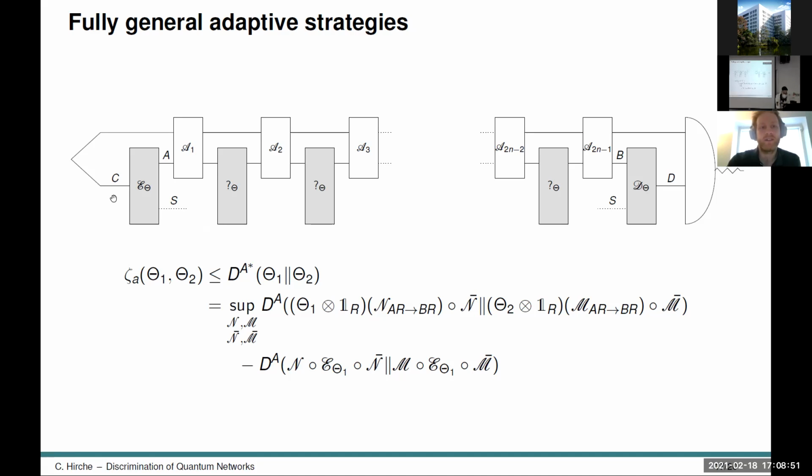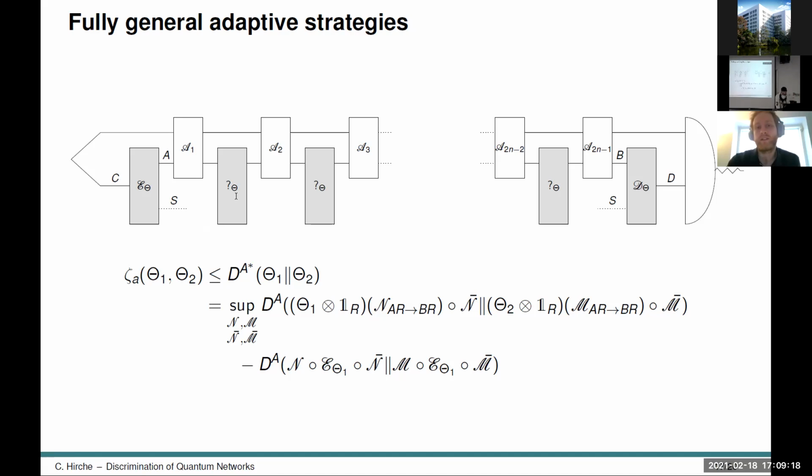If I look from left to right, I always have to start with the encoding operation of a superchannel. But then for the second map, I can decide if I want to, for example, finish that first superchannel and put the corresponding decoding operation here, in which case the start would be similar to the successive adaptive strategy from the very beginning, from the channel case.